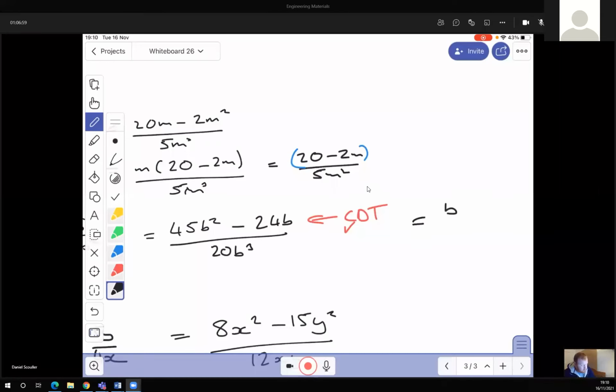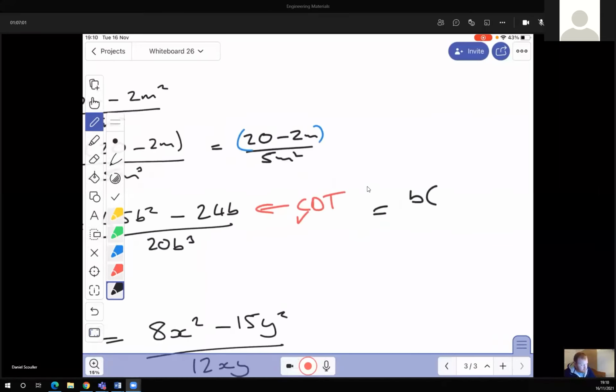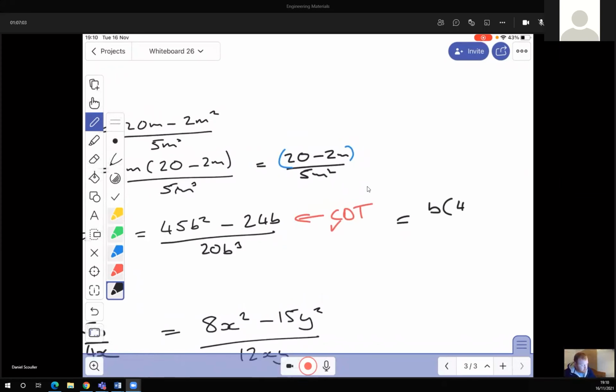And then be left with a bracket of 45b minus 24. Remember, simplifying algebraic expressions, we can take out a common factor. If you were to multiply out that bracket, you would have 45b squared minus 24b. Now we've got a multiple in that top line.